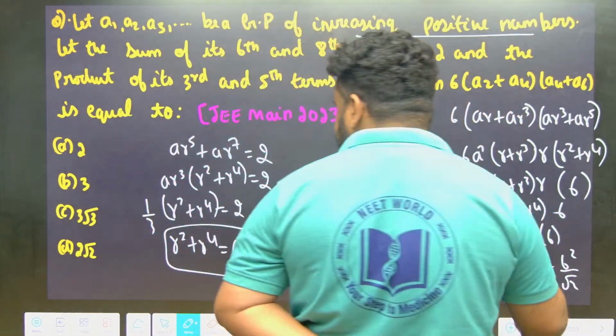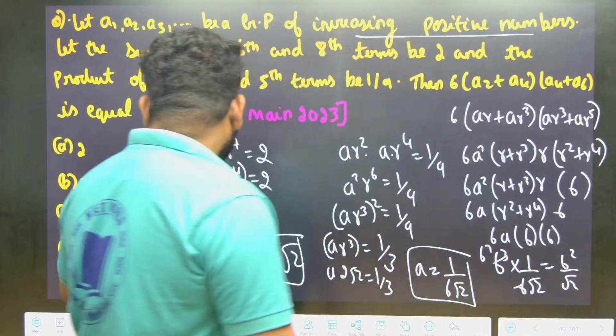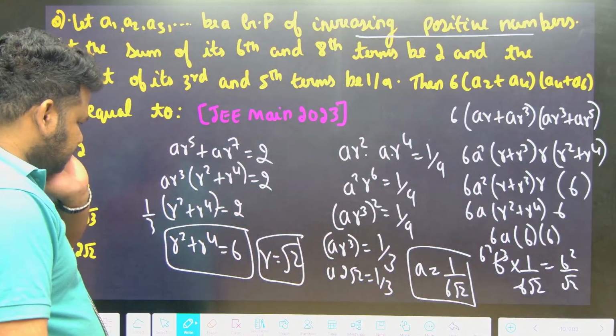So further, r square plus r power 4 I got, that is equal to 6. What is the r value we got?